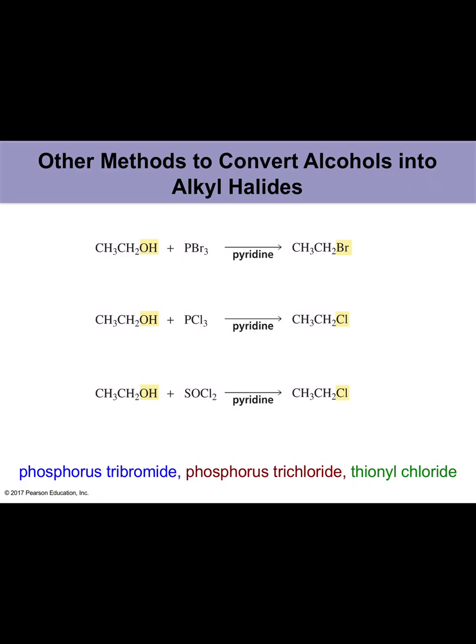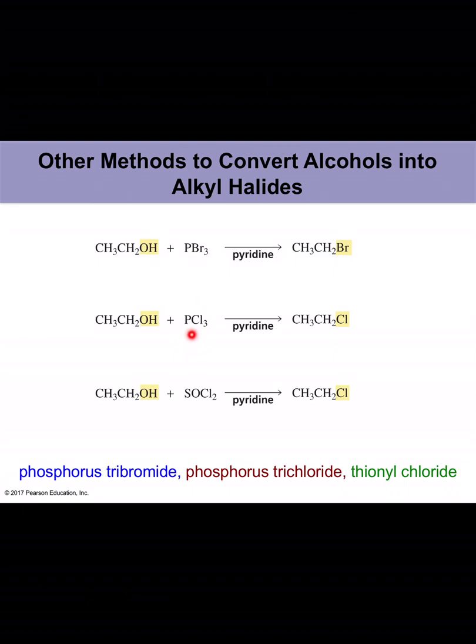Other methods to convert alcohols into alkyl halides. So here's another one. So far we learned about alcohols reacting with hydrogen halides. Now another method is reacting with phosphorus tribromide in the presence of pyridine. Pyridine is a solvent and can form ethyl bromide.